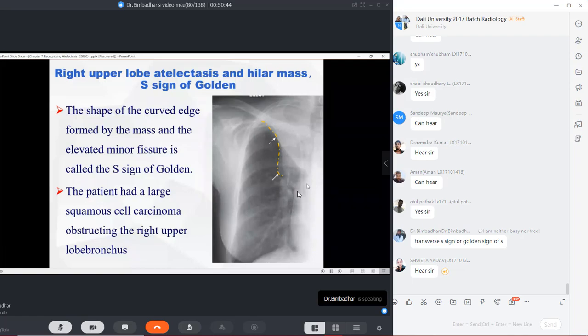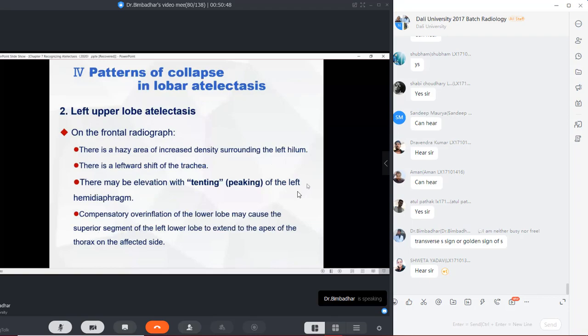Okay, left upper lobar atelectasis, we will be seeing there is a hazy area of density in the surrounding left hilum. There is a leftward ipsilateral tracheal shift, and there will be elevation or tenting with peaking of the left hemidiaphragm. The left hemidiaphragm will be pulled up if there is a problem in the left upper lobe or atelectasis.